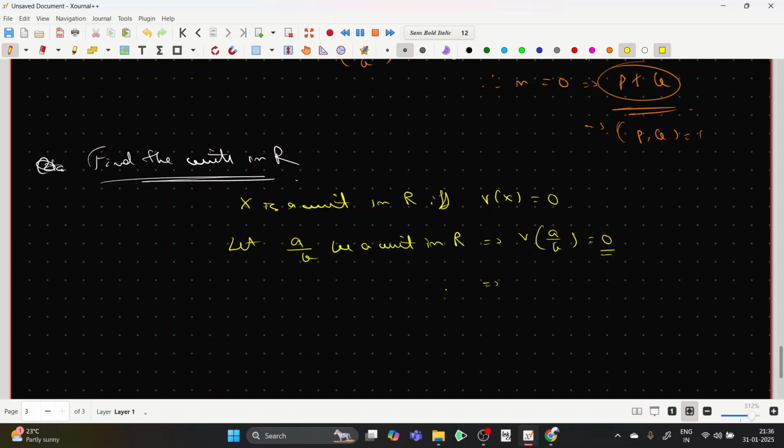If the evaluation is exactly equal to 0, what can I immediately conclude from here? This implies that A by B equals P to the power alpha times C by D, which implies that alpha is equal to 0, right?